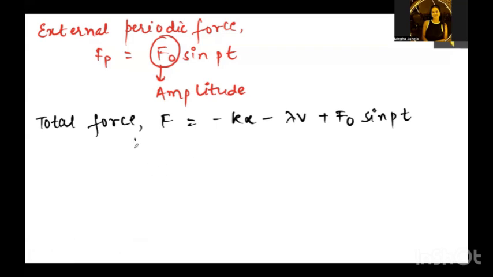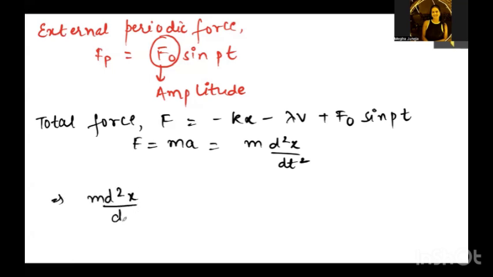And since we know that F is equivalent to ma, which means m d square x over dt square, now let's substitute the value: m d square x over dt square is equivalent to minus kx minus lambda v plus F naught sine pt.